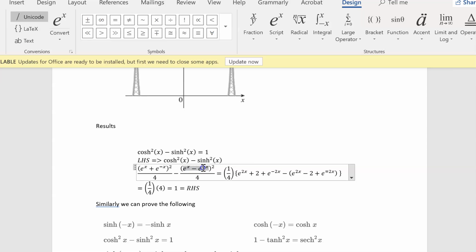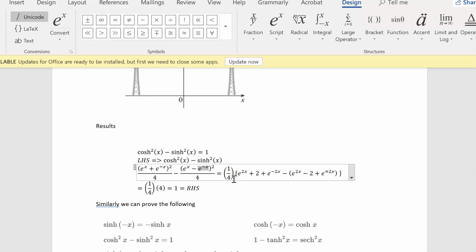Once again, you square this one, you get e to the 2x, right? And then you multiply the two terms in the middle, they will cancel off, giving a 1 and times 2 because we need to multiply by 2. So negative 2, plus e to the negative x squared, which is equal to e to the negative 2x, right?